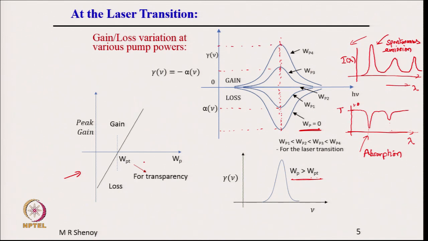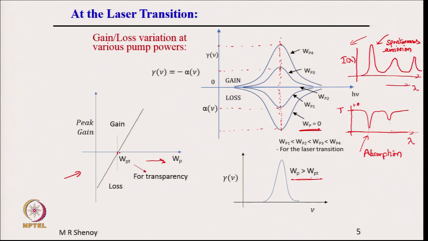So, as you increase the pumping powers, WP1 is less than WP2, WP3 is greater than WP2 and so on. As WP increases, we go from an absorbing system to an amplifying system.